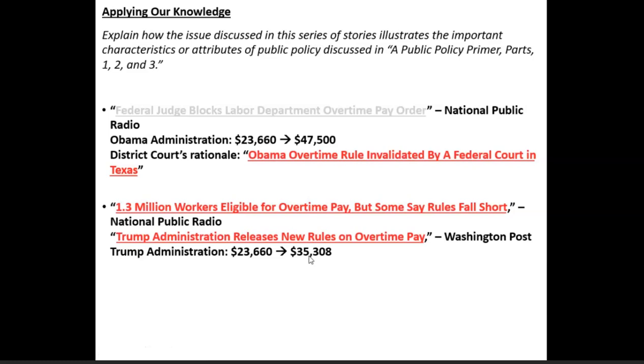Okay, so they're raising it a little bit, but not as much as the Obama administration was. Now there's a story here. Unfortunately, we don't have time to listen to it, but basically what they're talking about is the pros and cons of the Trump rule, and who benefits from it and who doesn't.